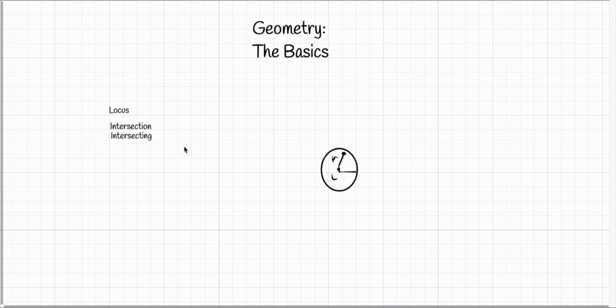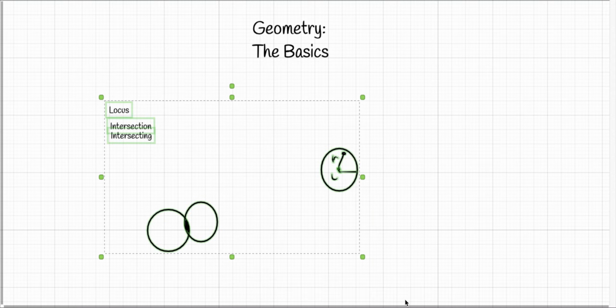Basically, the locus of points that are shared by those figures. If I have one circle here and another circle here, neither of those look like circles, but it's fine. The intersection would be this part, the one that I colored in, and it would be intersecting because it has an intersection. So those are basically some definitions in geometry.